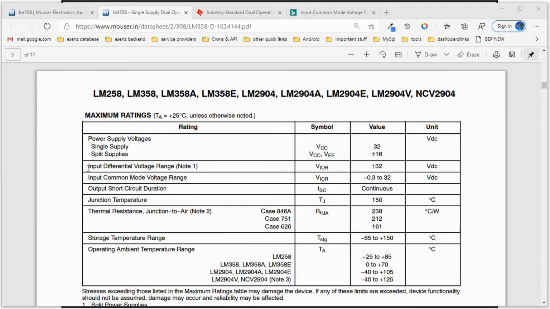Then there is the input differential voltage range, meaning the voltage difference between the positive and the negative input terminal, that is V in plus and V in minus, should not exceed 32 volts. For the input common mode voltage range, the voltage on V in plus or V in minus should not exceed this.